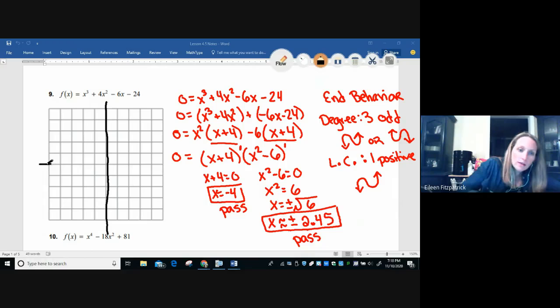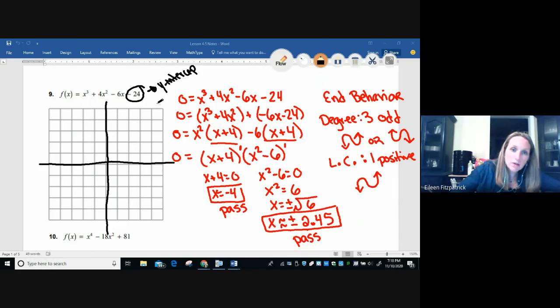One other thing that can help you get a more accurate graph, these are sketches, which is fine. My other functions didn't have a constant value, so I didn't mention it. But if there's a constant, that's your y-intercept.